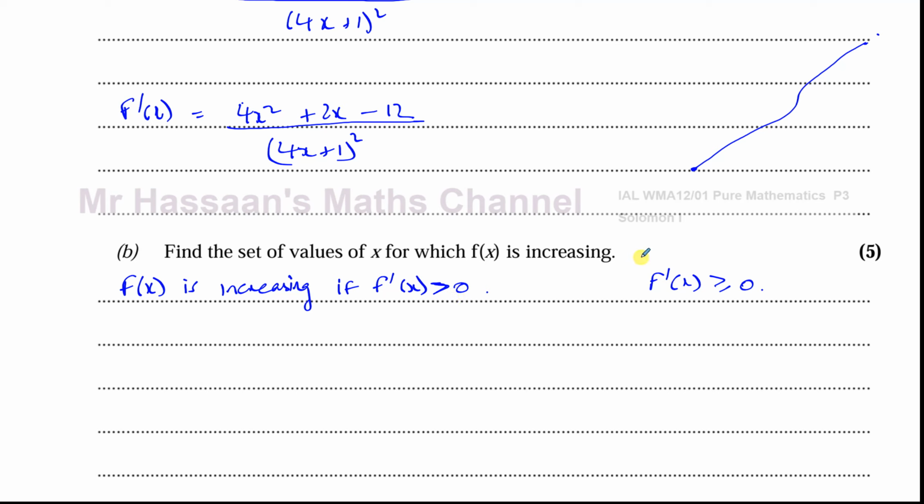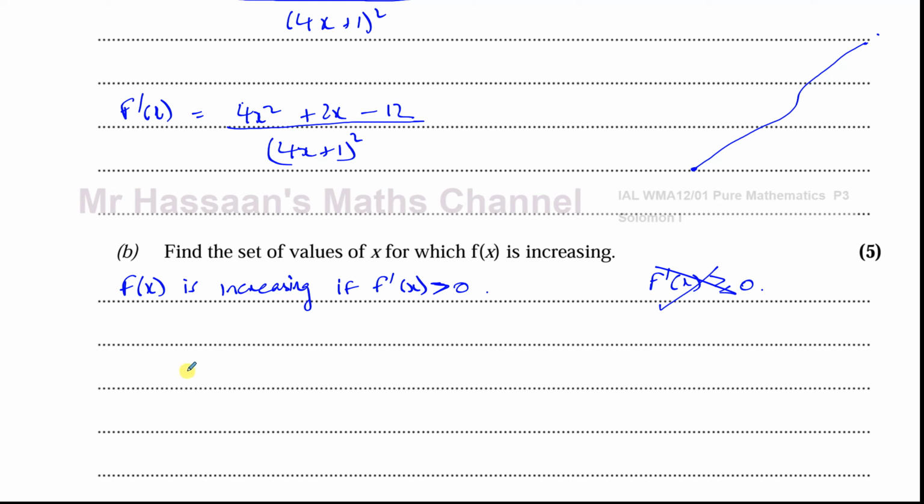When the gradient is 0 it's horizontal, but because it's just a point, it's not such a big deal, so either is fine. I personally will stick to the strict one, even if the mark scheme says something different, as they will accept both. It's increasing when the gradient is greater than 0, so I'm going to say when f dash of x is greater than 0. Now we already found f dash of x.